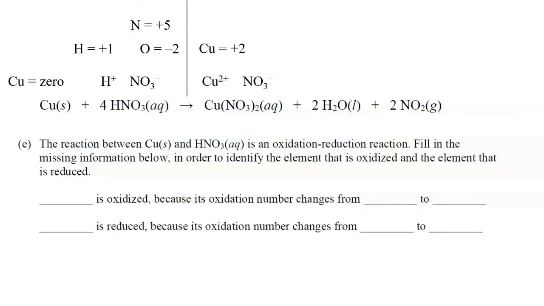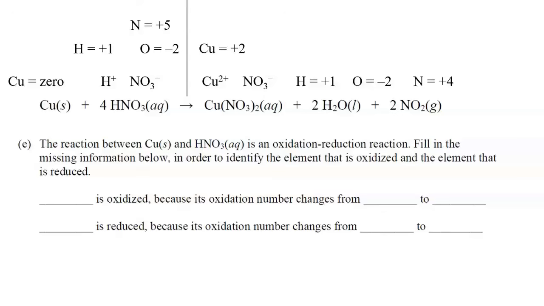And moving on to the other members of the products, we have water and we have nitrogen dioxide. For the water, H is +1, oxygen's -2, and then within that nitrogen dioxide molecule, NO2, if oxygen is -2 and there are 2 of them, that's -4, that makes the oxidation number of nitrogen within the NO2 +4.